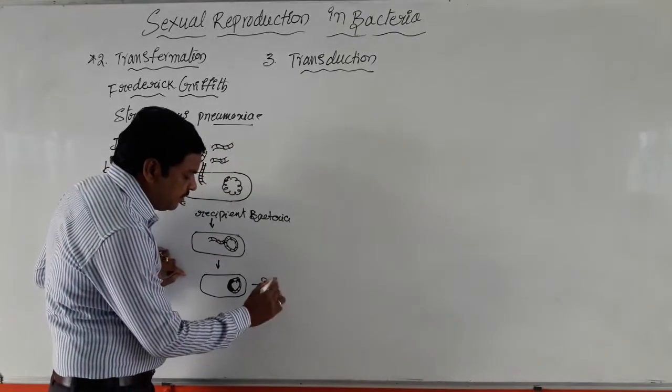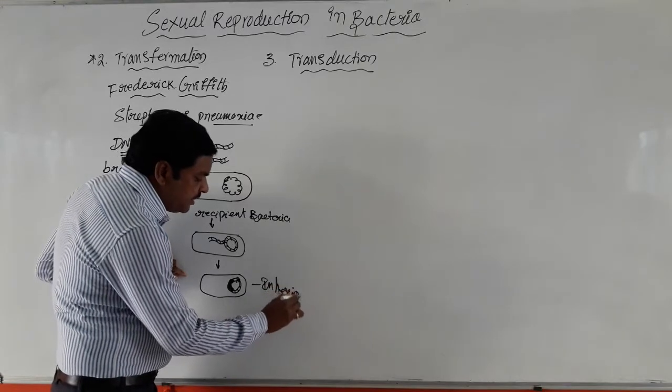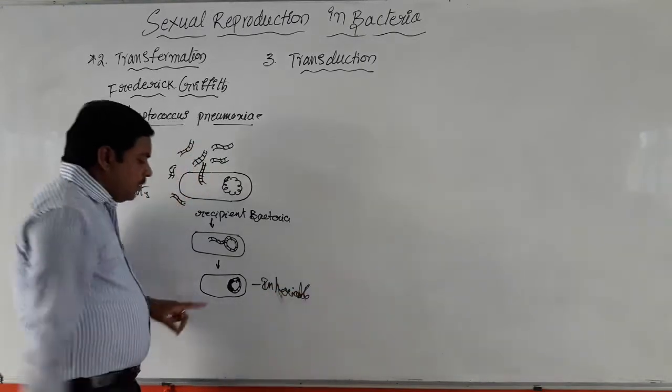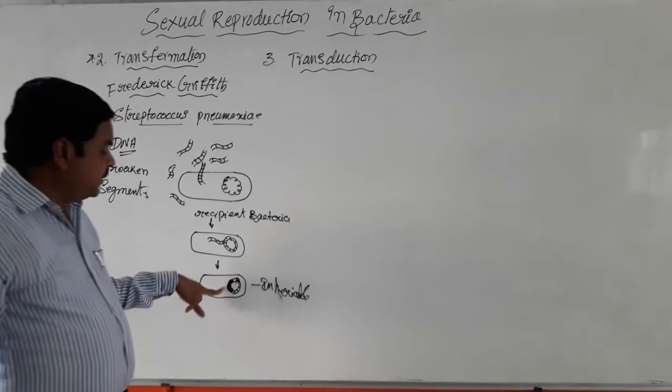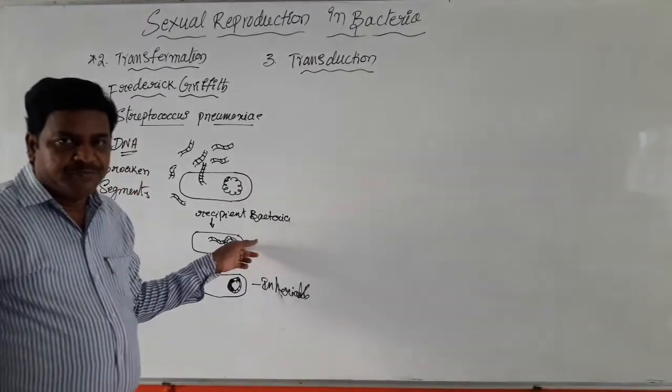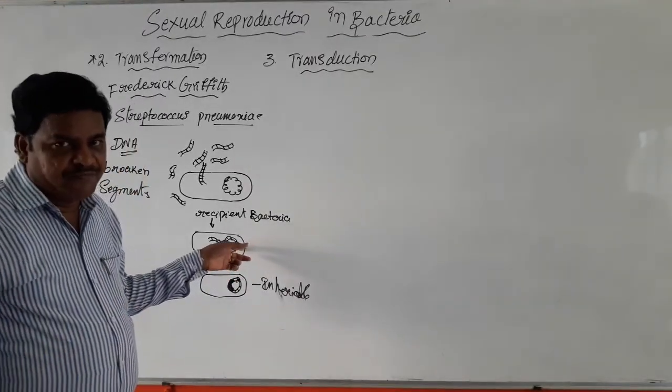Now this DNA segment is mixed with the bacterial DNA and becomes inheritable in nature. Inherited, very, very important. This DNA fragment is incorporated into the recipient chromosome in heritable form.